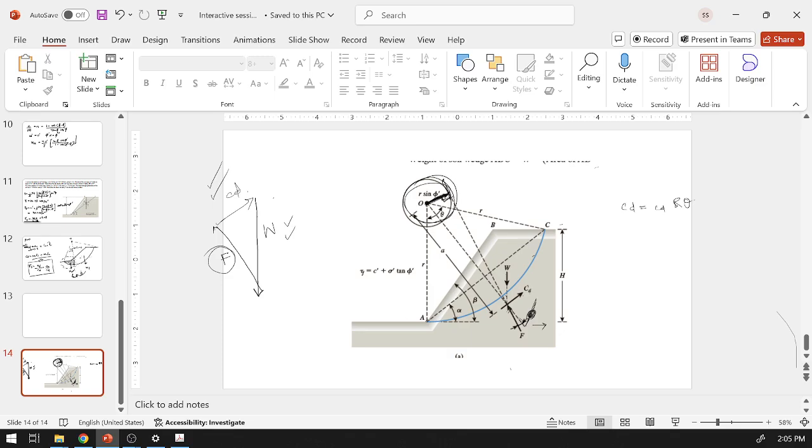Because the directions of W, CD and F are known and the magnitude of W is known, we draw a force polygon, and the magnitude of CD can be determined from the force polygon. So the cohesion per unit length can be found, and then we use the stability number to get the factor of safety.